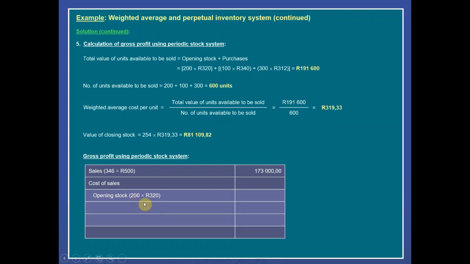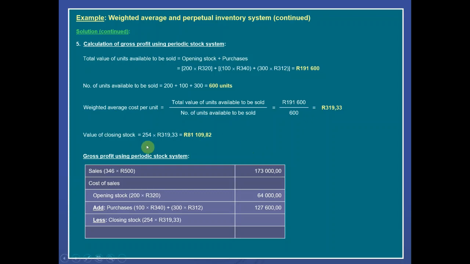So now the opening stock, we had the 200 units of 320 Rand each, which is 64,000. The purchases, we had the 100 at 340 Rand and the 300 units at 312 for the 127,600. We didn't have any import tax in this situation, so we ignore.